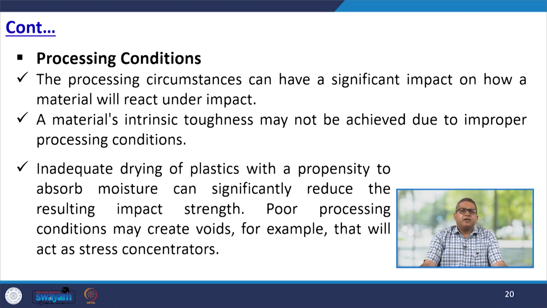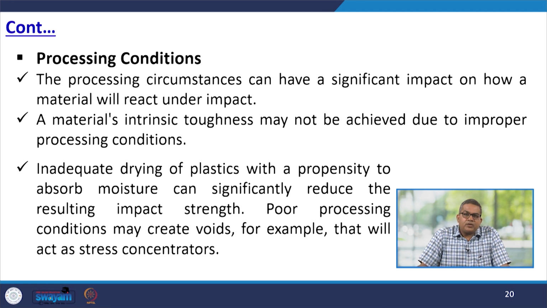The processing conditions also play a very vital role. The processing circumstances can have a significant impact on how a material will react under impact. A material's intrinsic toughness may not be achieved due to improper processing conditions.